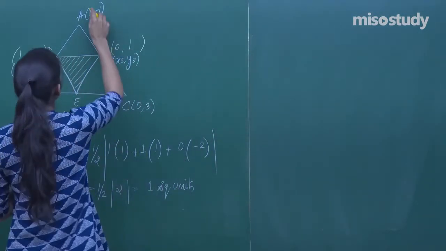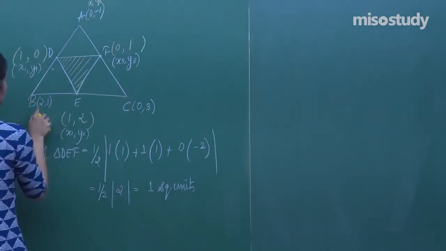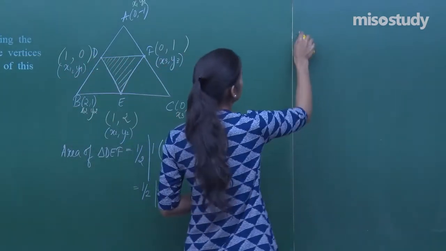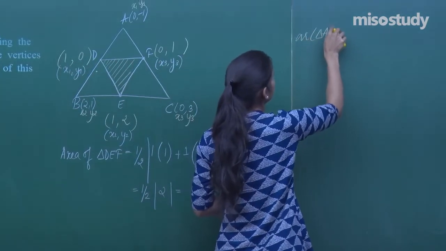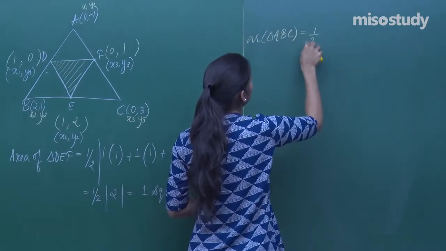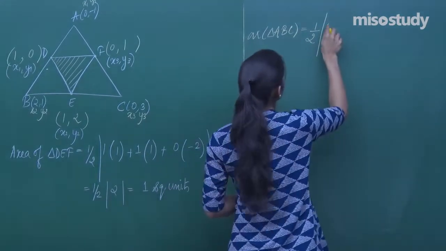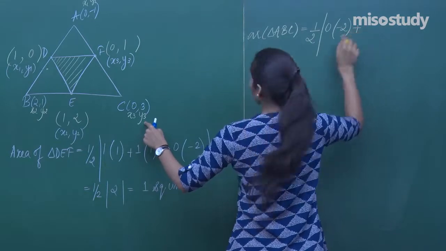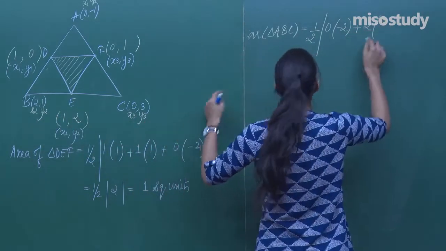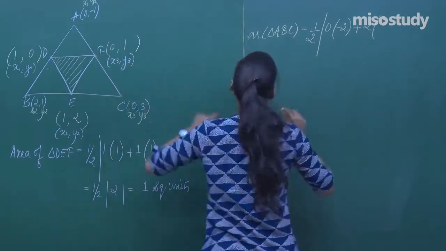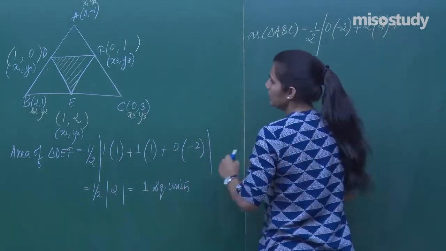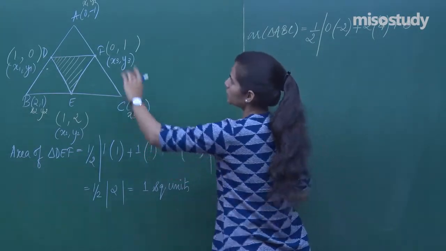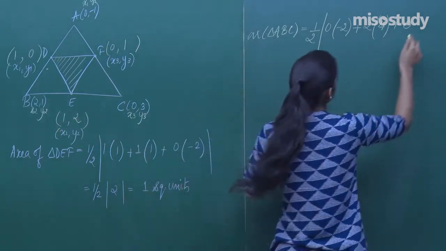You now consider this as x1, this as y1, this is x2, this is y2, this is x3, this is y3, and area of triangle ABC is equal to half mod of x1 (y2 minus y3), 1 minus 3, that is minus 2, plus x2 (y3 minus y1), 3 minus minus 1, that is 3 plus 1, that is 4, plus x3 (y1 minus y2). So you have minus 1, that is minus 2.